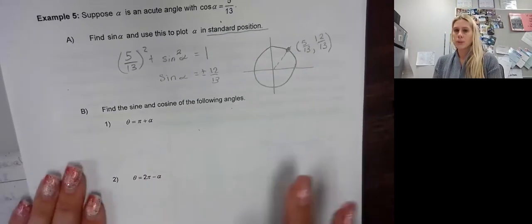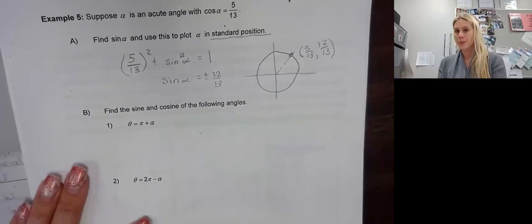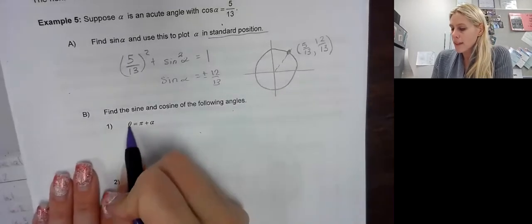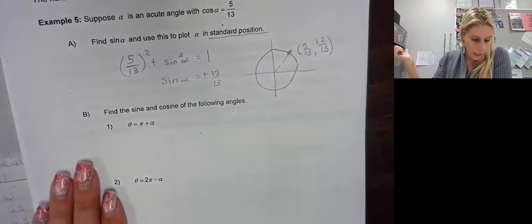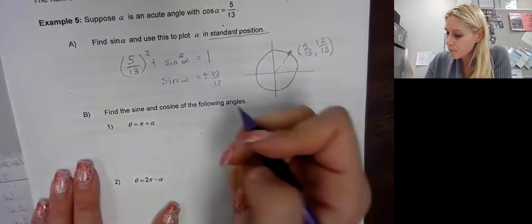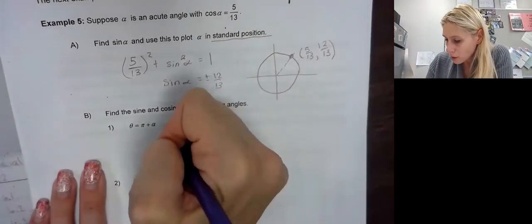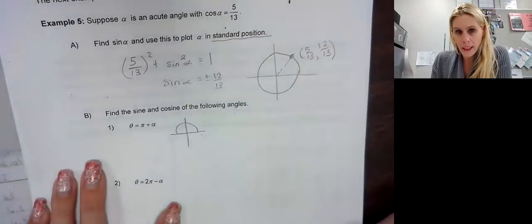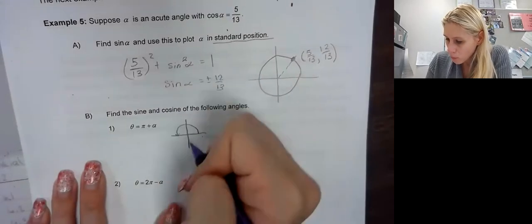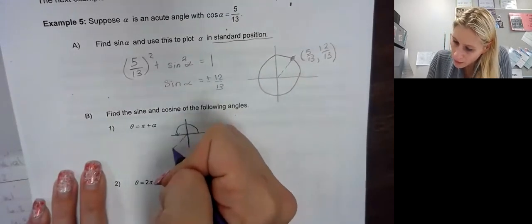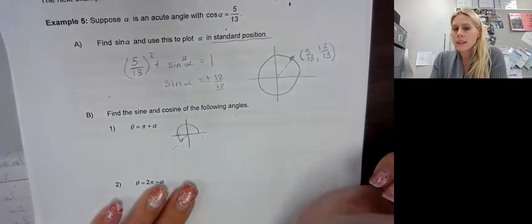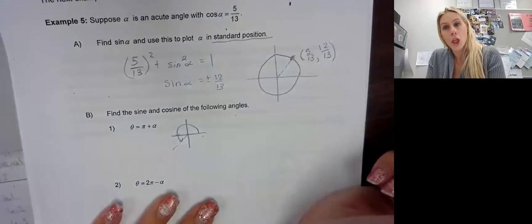Now what we're going to do is use our standard position to calculate other angles or other thetas. So here we have theta equals pi plus alpha. Okay, so I'm going to draw it out so you guys can see it. Pi, we see here, but then we're going to add alpha onto it. Well, what does that mean? That means we're in the third quadrant.